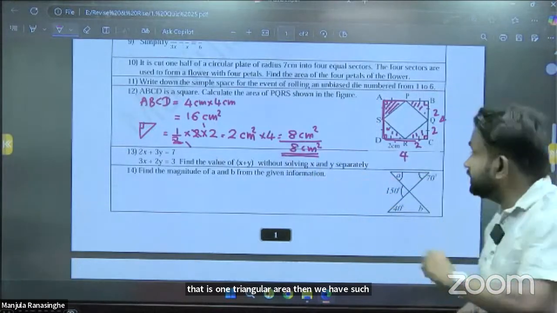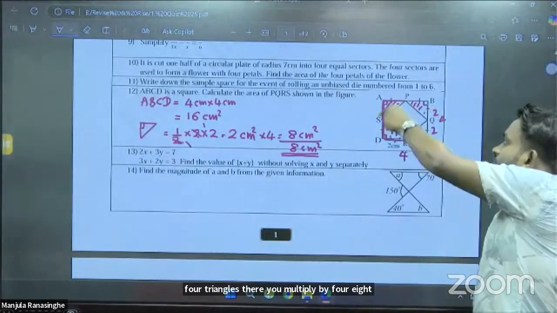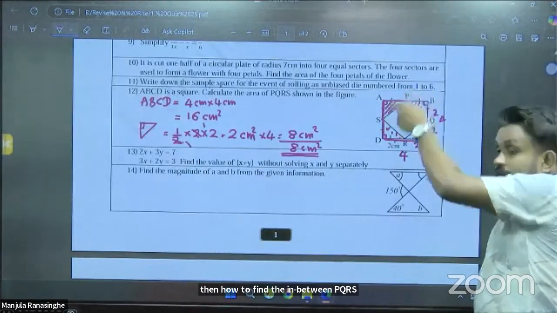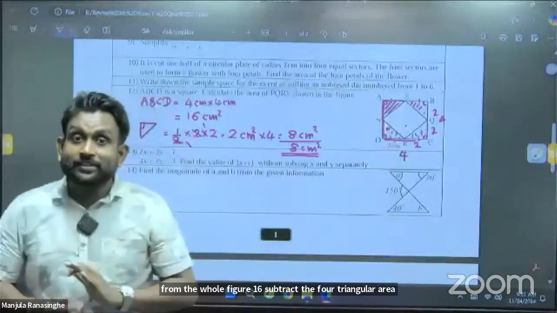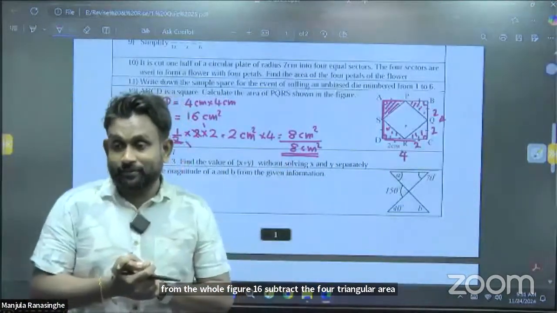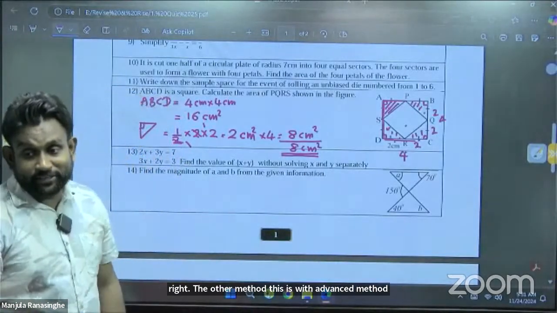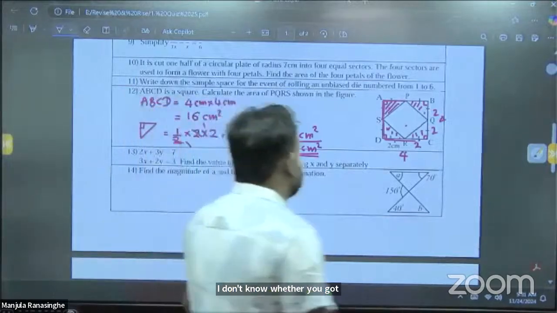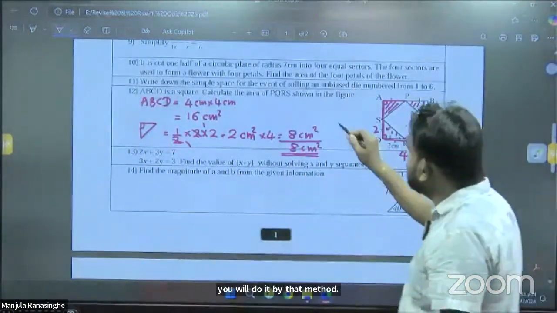Then how to find the in-between PQRS? From the whole figure 16, subtract the 4 triangular area. Okay, right. The other method is a bit advanced method. I don't know whether you will do it by that method. So here, this is a right angle.